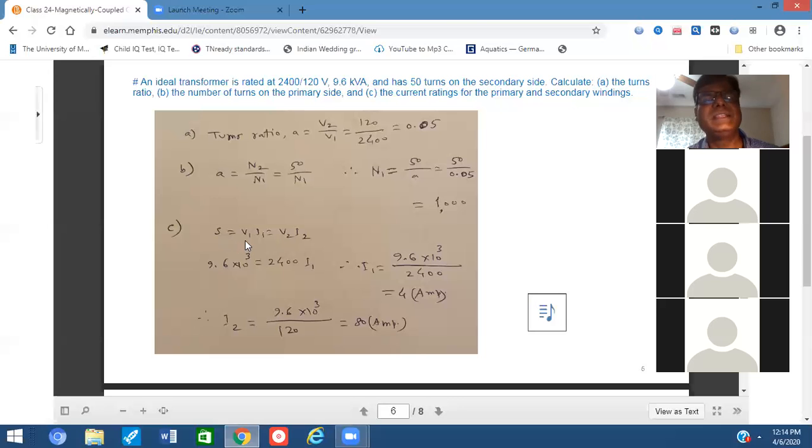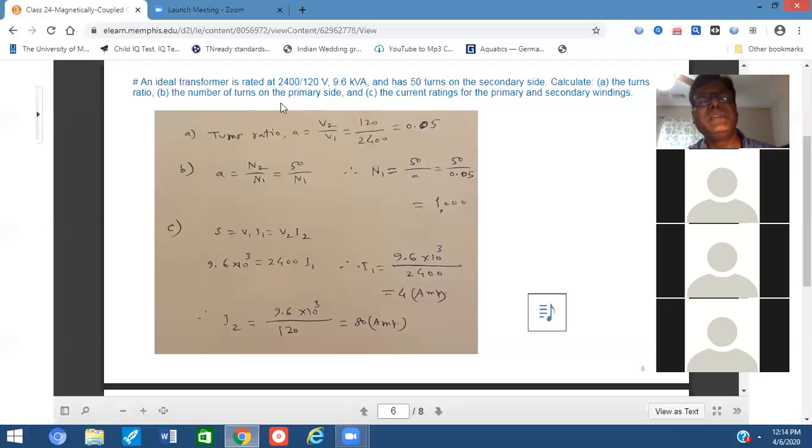And then what is V1? V1 is the primary side voltage, 2400, multiplied by I1. From there I am getting I1 equal to 4 ampere. And similarly, by using S equals V2 I2, I got the I2 value 80. So you see, I1 current is 4, but I2 current is 80. On the other hand, primary side voltage is 2400, but secondary side voltage is 120.